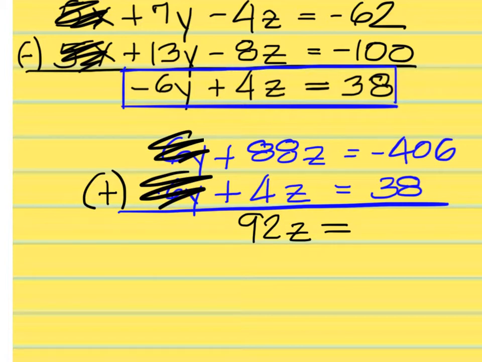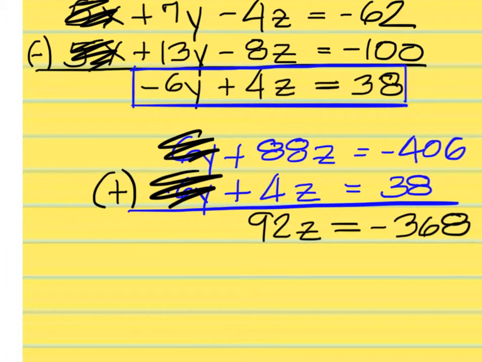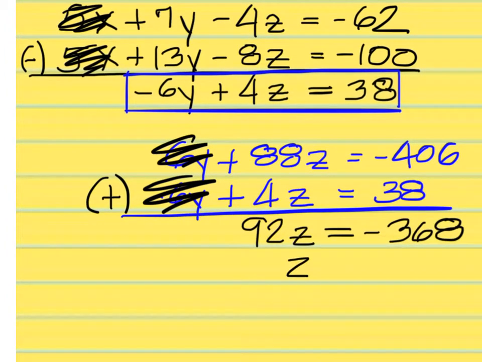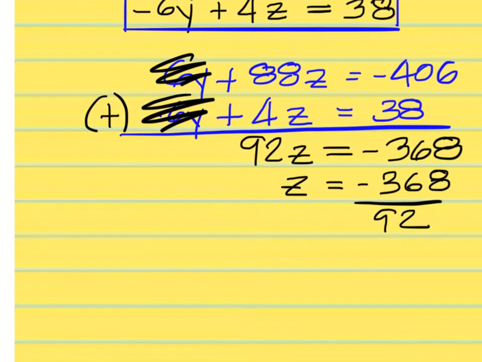And that is negative 368. Okay, so from there, you come back to this. Z equals negative 368 divided by 92. And if you divide negative 368 by 92, you come back with negative 4.